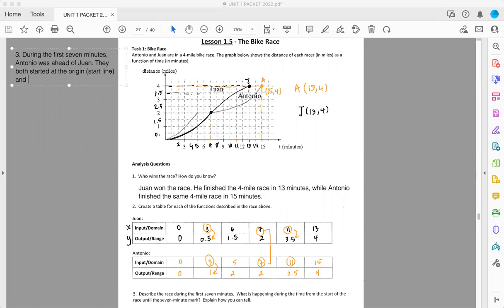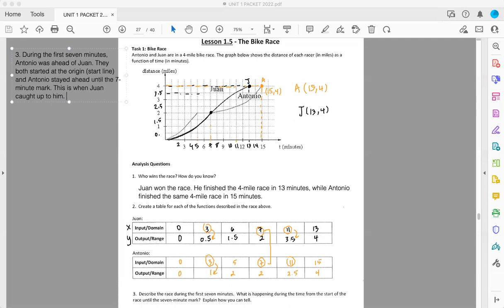You can say Antonio stayed ahead until the 7-minute mark. This is when Juan caught up to him. So basically, this is what happens.